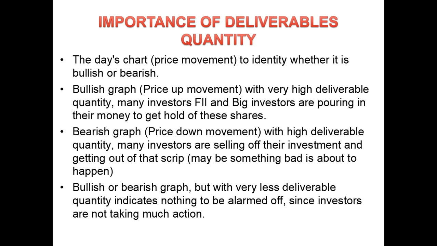The bearish graph shows price down movement with high deliverable quantity, and many investors are selling off their investment and getting out of that scrip. There may be something bad about it, or they're expecting a bearish trend. A bullish or bearish graph with very little deliverable quantity indicates nothing to be alarmed of, since investors are not taking much action.